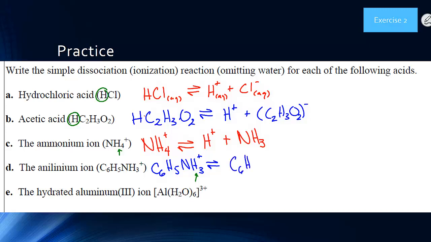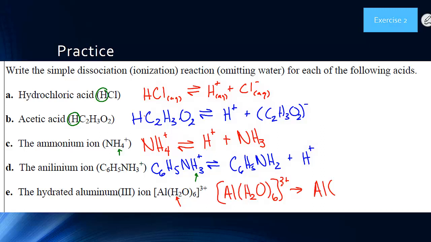So C6H5NH3 can give up a hydrogen. And lastly, we have the complex hydrated aluminum 3 ion. If we were to lose a hydrogen, it's going to come from one of these waters. So we would end up with a hydrated aluminum 3 that lost a hydrogen.